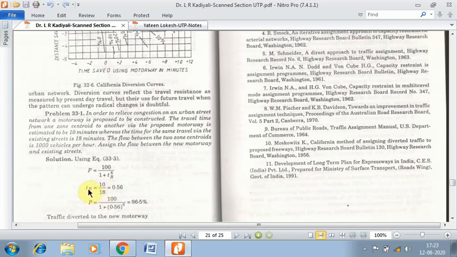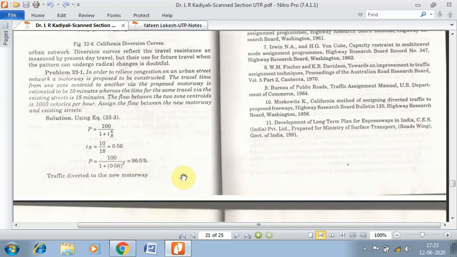You will get the ratio as 0.56. Having found this value, you can easily determine the value of P using this general equation. Once you substitute all the values, that is 0.56 raised to 6, you will get the answer as 96.5%.